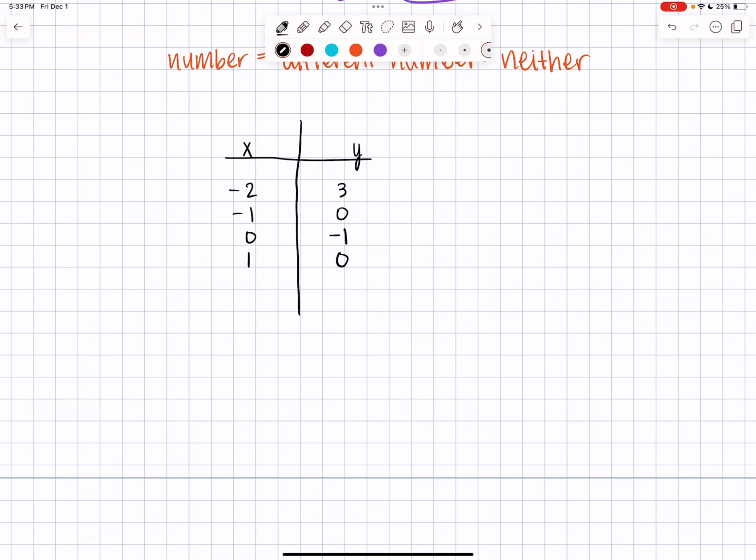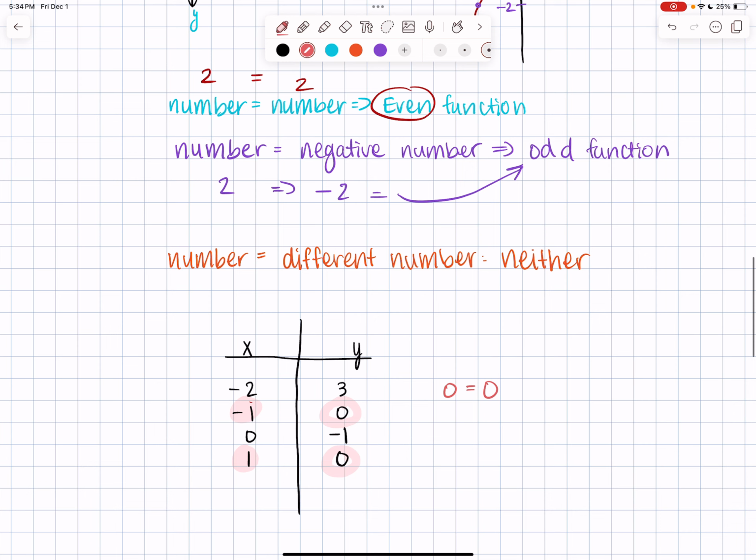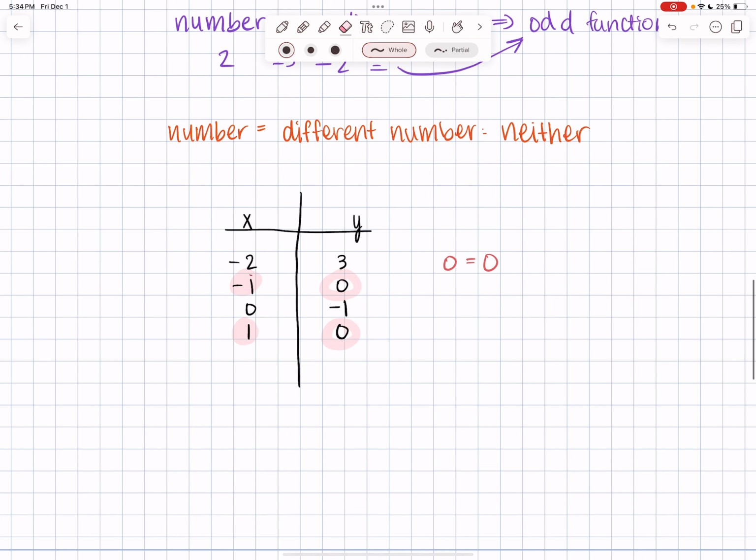We're going to be looking at the left and right side of x, so we have to look at the same number. Here we have -1 and 1. Here we see 0, 0. So in this case, 0 equals 0. When number equals number, we have even functions. So this table represents an even function.